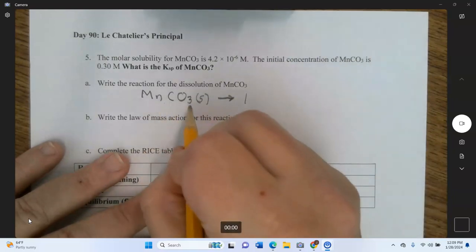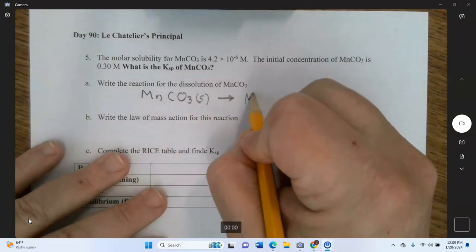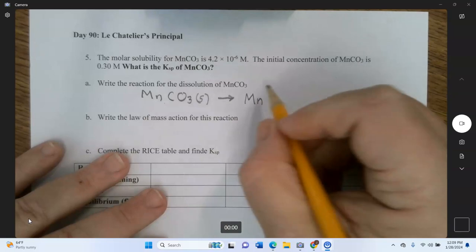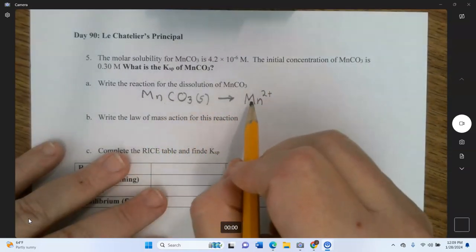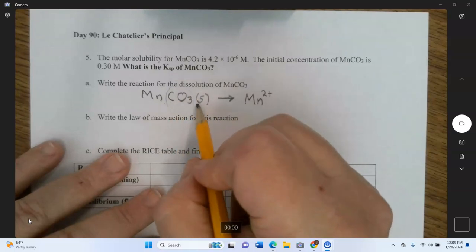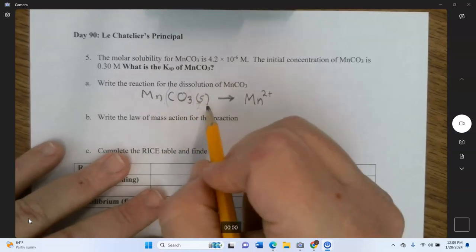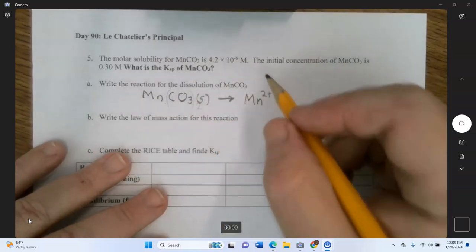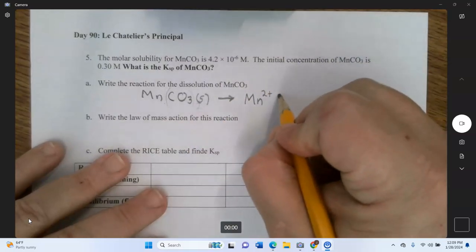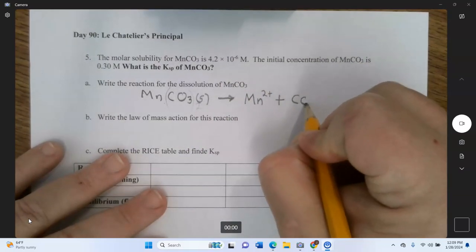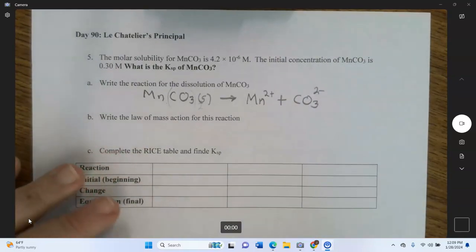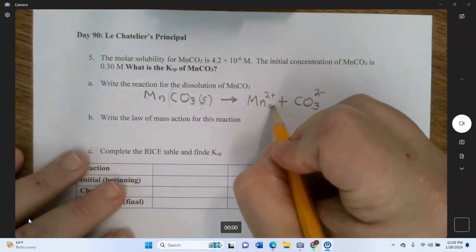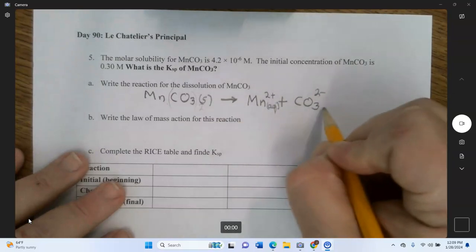So since it's a 1-to-1 here, it's going to be manganese 2+. If it were the 4+ version, you'd put this in parentheses and put a 2 out here because you need 2 of the 2- carbonates, but it's not, it's 1. Okay, plus the carbonate, CO3 2-. So 2+, 2- balance. And I should put aqueous, they are dissolved.